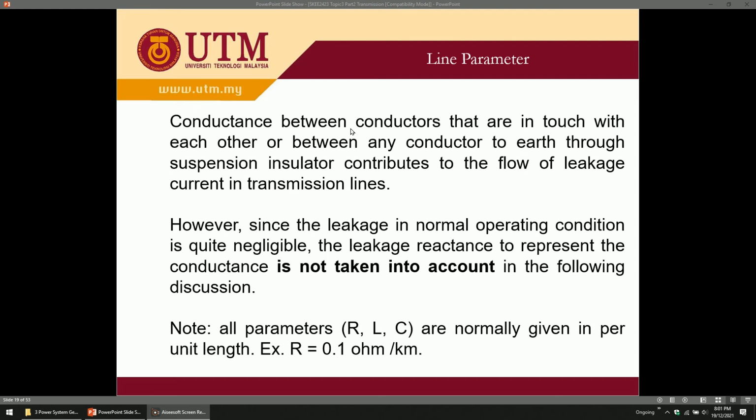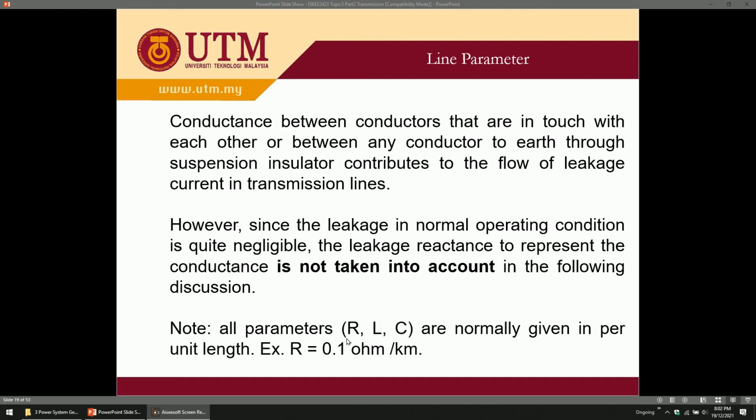So there is some small leakage current that flows between conductors or through earth. However, since the leakage in normal condition is quite negligible, the conductance is usually not taken into account.